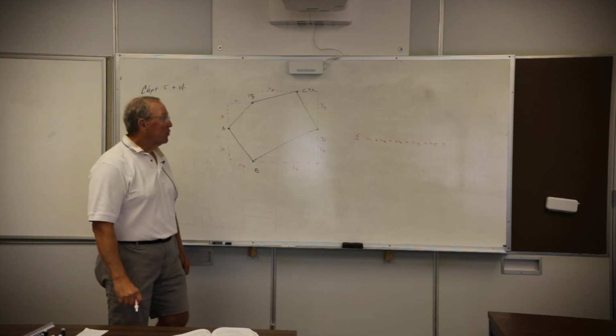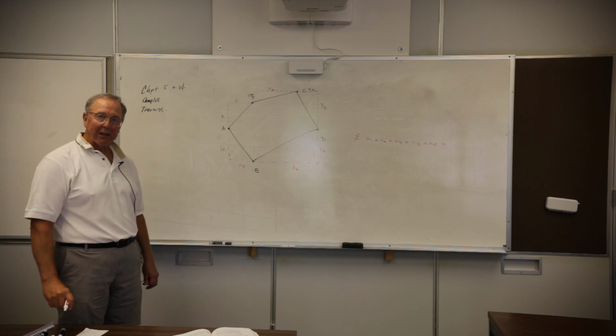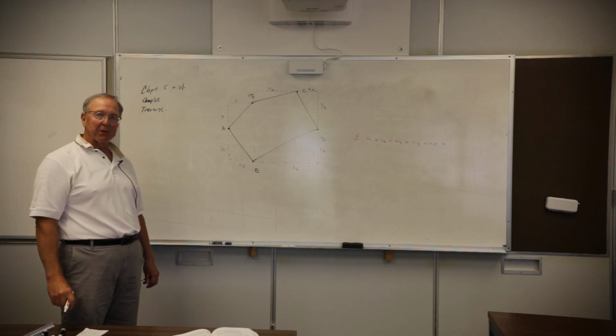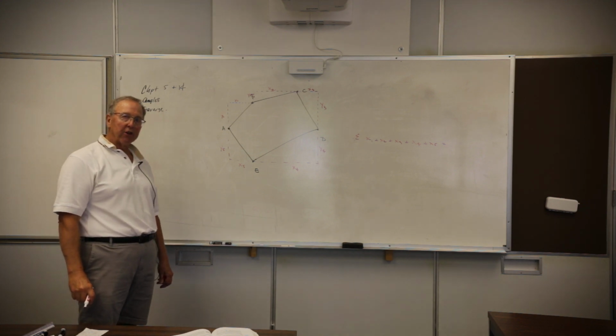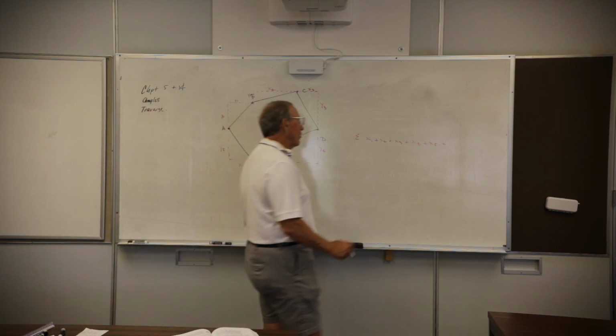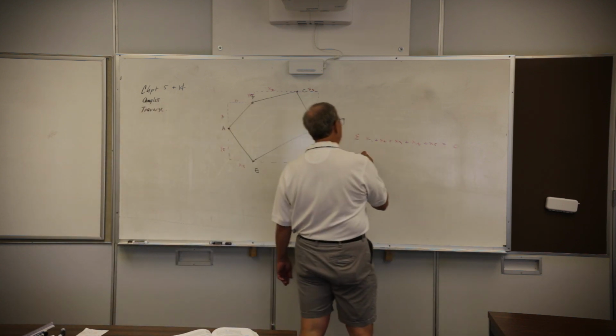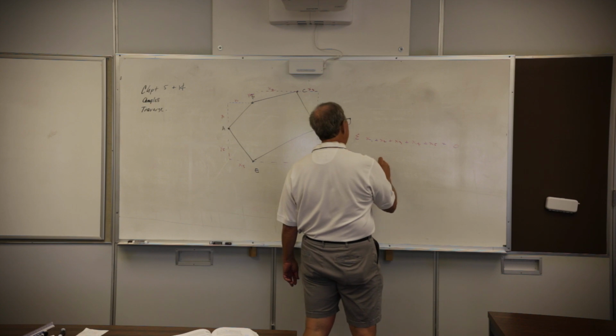The amount I go to the right and the amount that I go to the left, if I end up at the same point, hopefully you can see, has to be 0. And up and down.